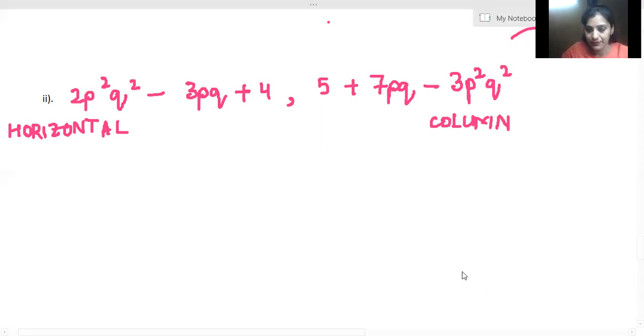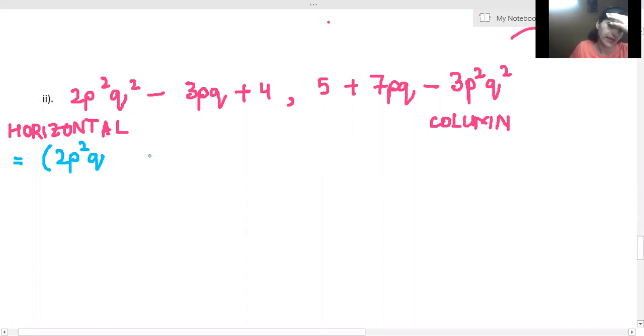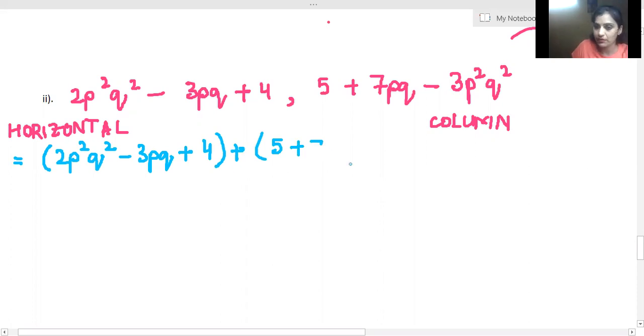Is that okay? Yes. So in the horizontal method, we are simply going to remove the commas, place the brackets and put a positive sign in between the two expressions. So the very first step will be 2p square q square minus 3pq plus 4, bracket close, plus, again the bracket starts, 5 plus 7pq minus 3p square q square, right?